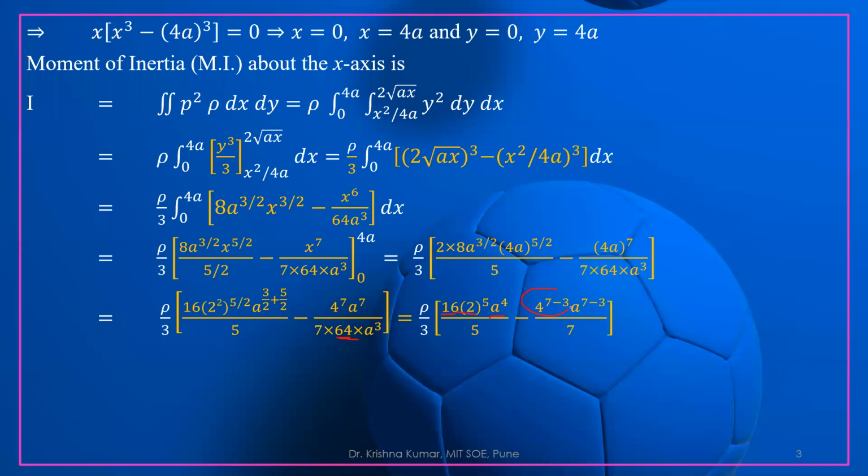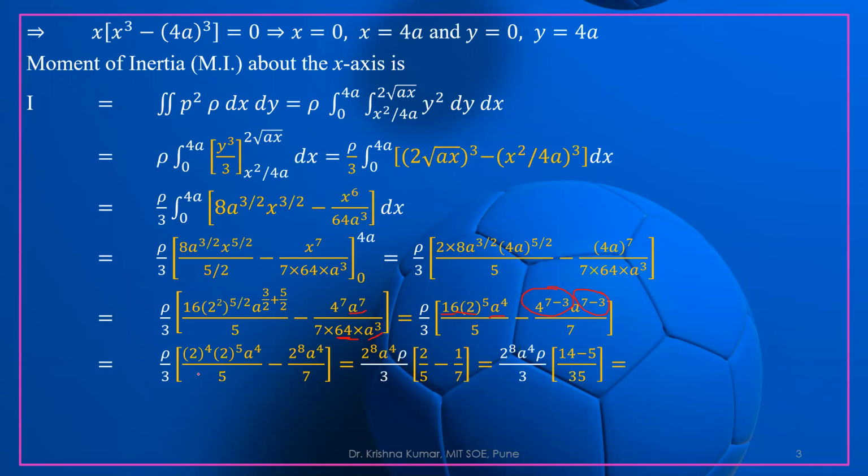So 4 to the power 7 minus 3 and a to the power 7 minus 3. So 16 can be written as 2 to the power 4, 2 to the power 5, a to the power 4. Now here it is 4 to the power 4, so we can write it 2 to the power 8, a to the power 4 upon 7 and this upon 5.